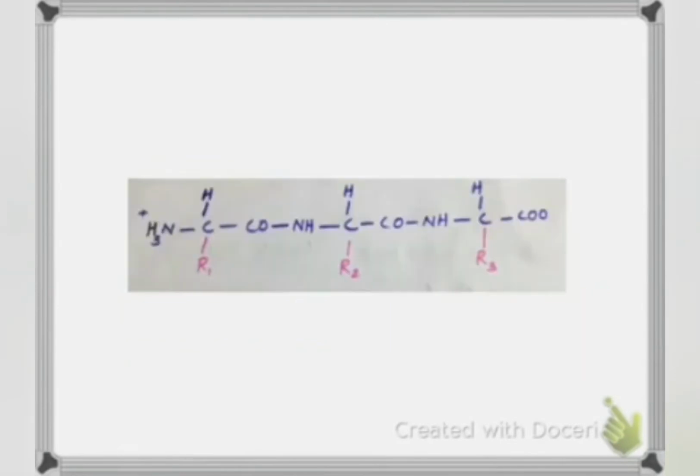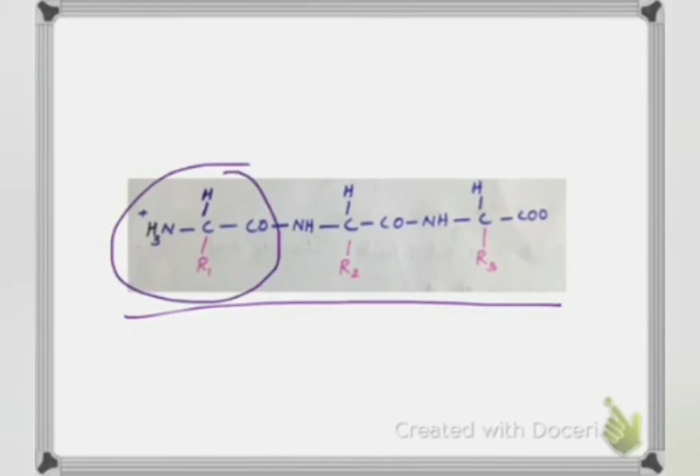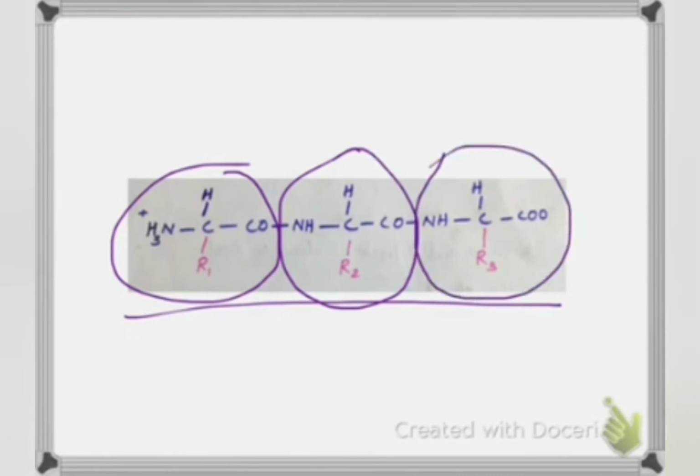Look at this structure. This is a primary structure of protein. Here you can see three amino acids, 1, 2 and 3, each containing R groups R1, R2 and R3. Based on these R groups, the amino acids may differ.